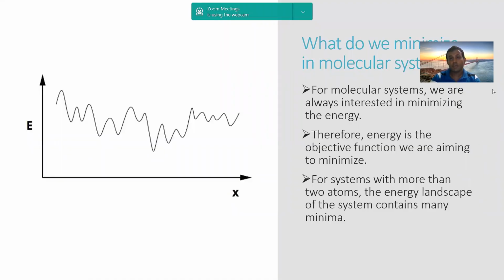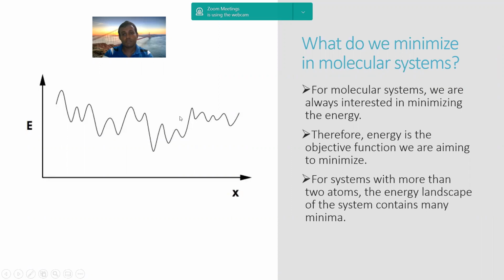So when we come to a molecular system, we want to minimize the total energy of the system. And the total energy is composed of kinetic energy and the potential energy. And kinetic energy is related to the temperature of the system. And we usually do not want to change the temperature of the system in order to minimize the energy. So what we are interested in is minimizing the potential energy of the system in order to minimize the total energy of the system.